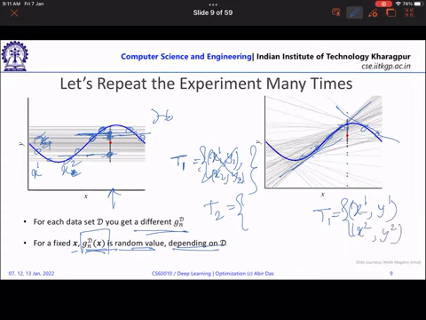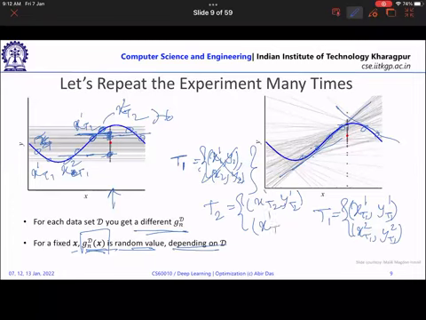T2 is again x1, y1, x2, y2, so this is x1 of T1, this is x2 of T1, this is x1 of T2, this is x2 of T2.